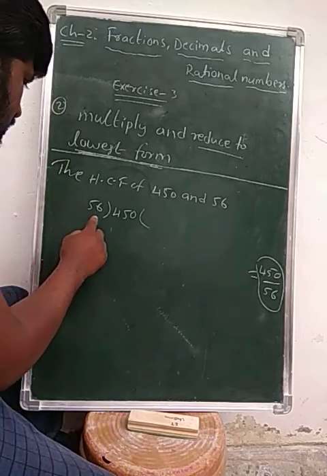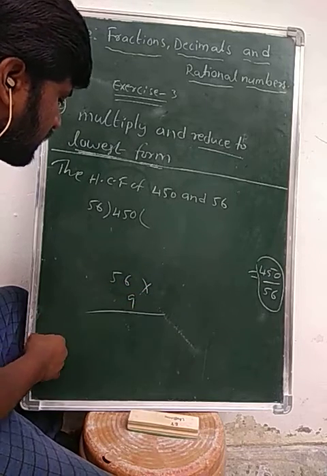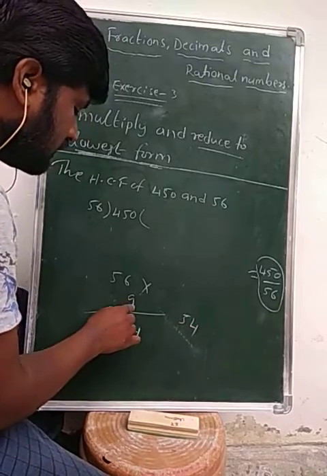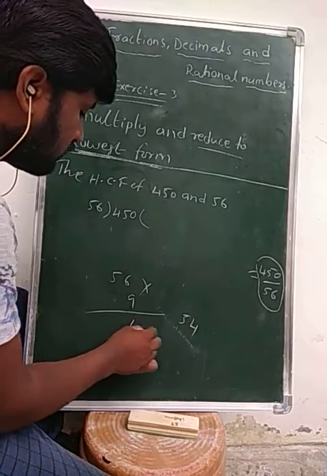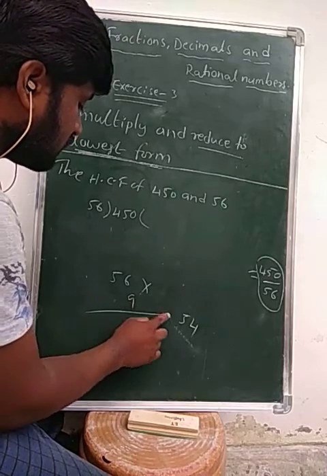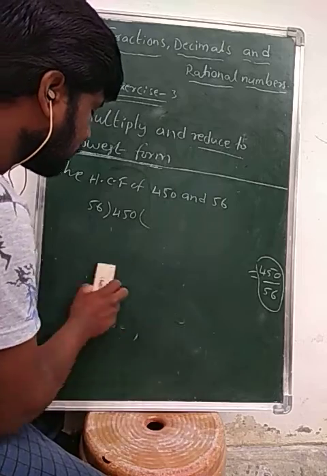That is 56 nines are, I'm estimating what I get. 9 6s are 54, 9 5s are 45 plus 5, 50. So we cross it.